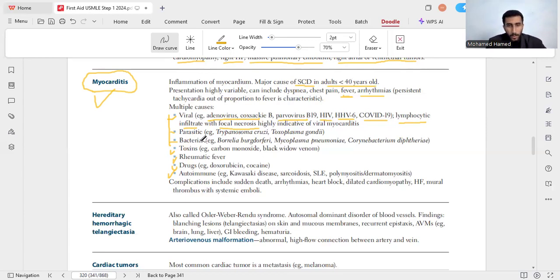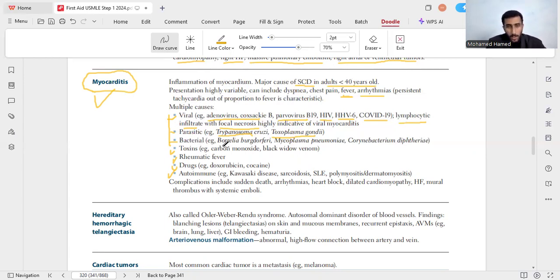Also the parasites, like Trypanosoma cruzi, which causes Chagas disease, with big problems like dilated cardiomyopathy, megacolon, and megaesophagus. So this is Trypanosoma cruzi, and also Toxoplasma gondii will cause myocarditis in immunocompromised patients, but it is mostly asymptomatic in immunocompetent patients.